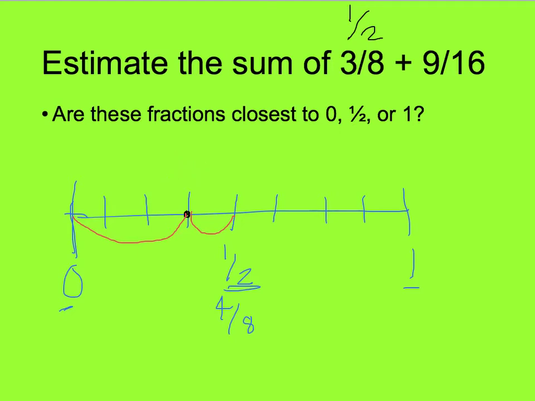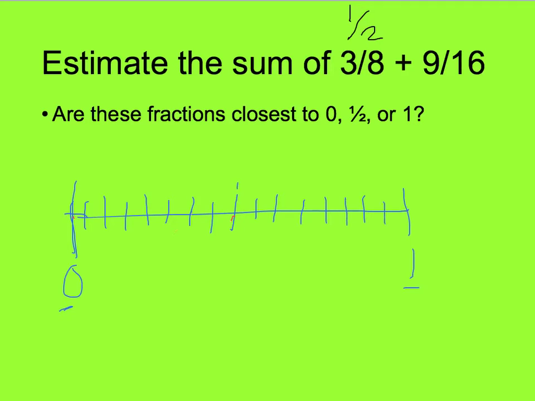So now I'm going to rewrite this line so it has 16ths on it. Because 16ths is like twice as many as 8ths, I'm going to use the same number line. So here's my eighths. I'm going to cut these in half so I have twice as many pieces.